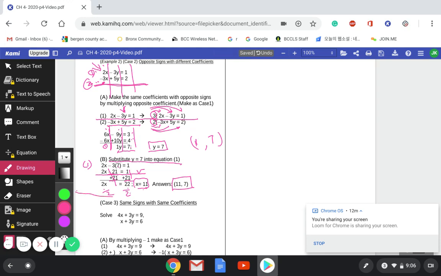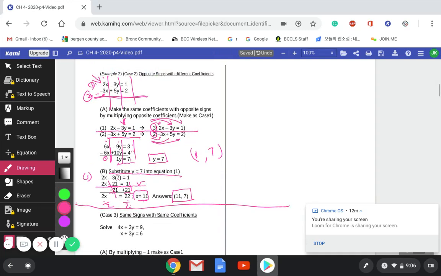Okay, so that's how you do that. So again, what did we do in the second case? When you have opposite signs with different coefficients, we are converting this into case 1, which is opposite signs with the same coefficient. So what you do is make the same coefficient by multiplying by each other's coefficient, but keeping the opposite signs.